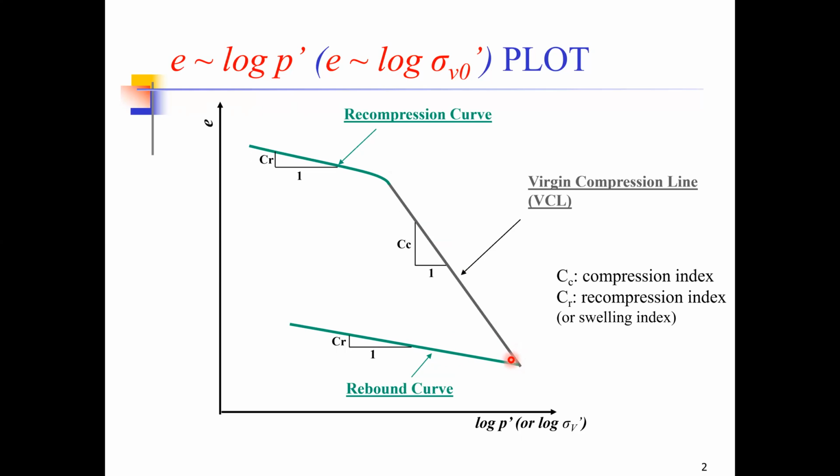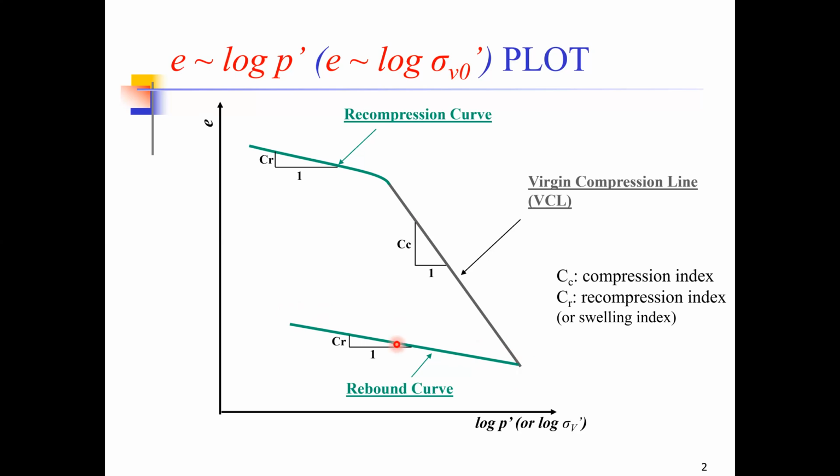Rather, it might be equal to 3 millimeters. So when you apply the load, there is more compression, but when you remove the same load, there is less expansion. This is why this green line has a gentle slope compared to this black line here.